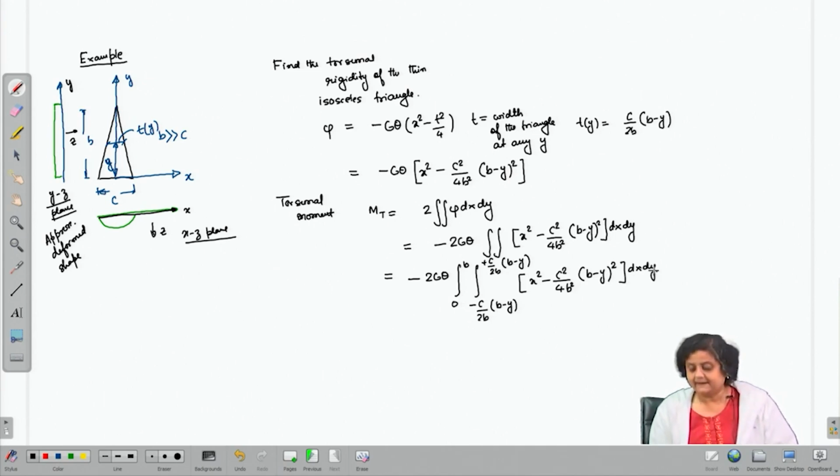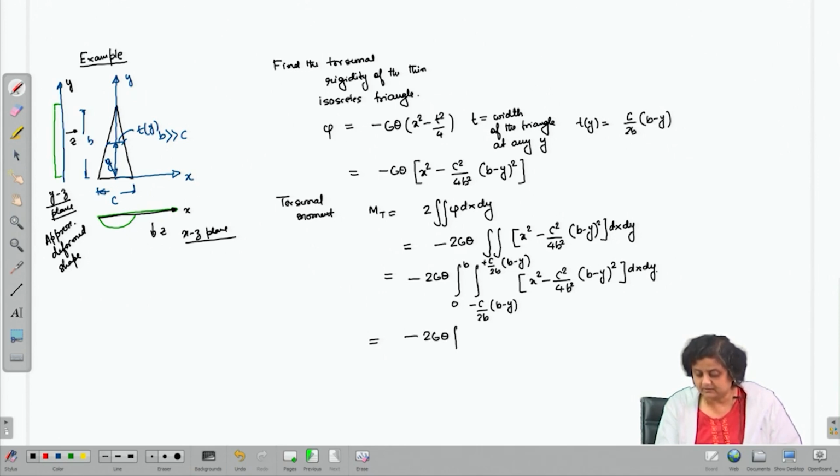Now this integral can be evaluated very easily, and it can be written as minus 2G theta, integral from 0 to b, of x cubed by 3 minus c squared x by 4b squared into b minus y whole squared, evaluated between minus c by 2b into b minus y and plus c by 2b into b minus y.